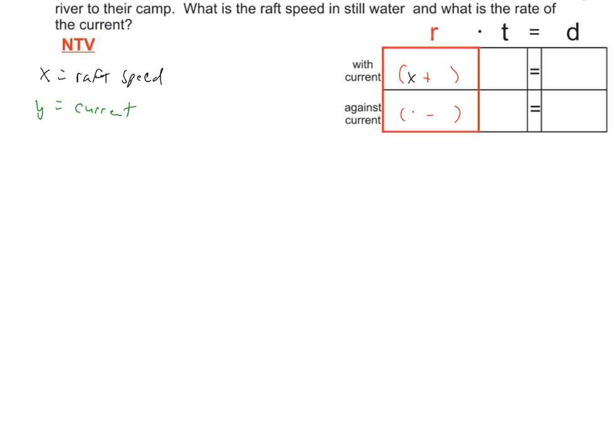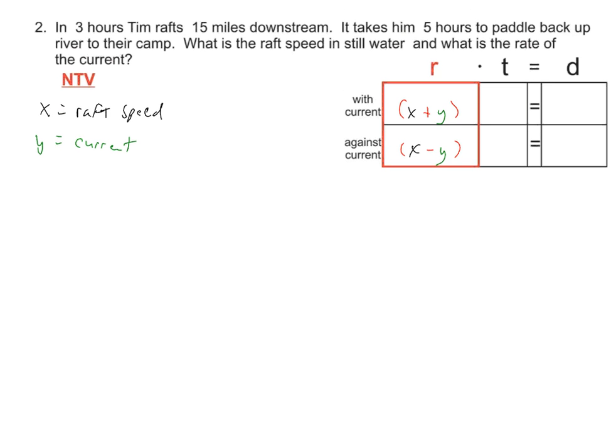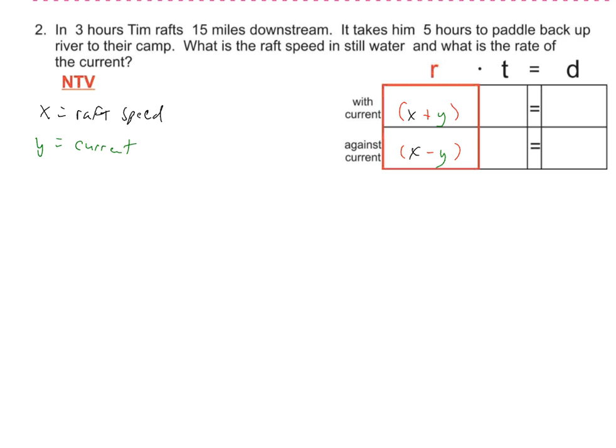We need our raft speed. We have to add the current going with the current, and we have to subtract the current going against the current, right? That's every time in this kind of problem. So that's simple, right? Once you do a few, you get it down. I'll always see students do that, because you have to remember it. Unfortunately, some don't remember.